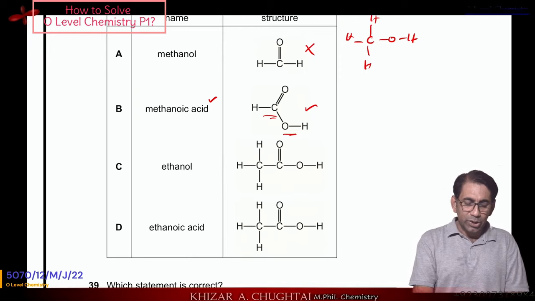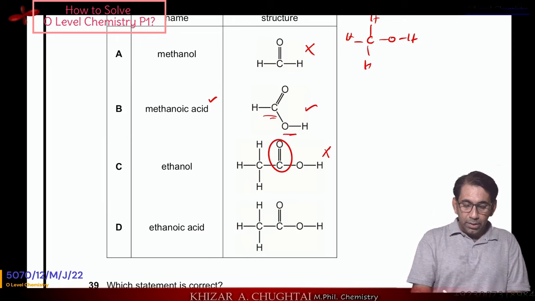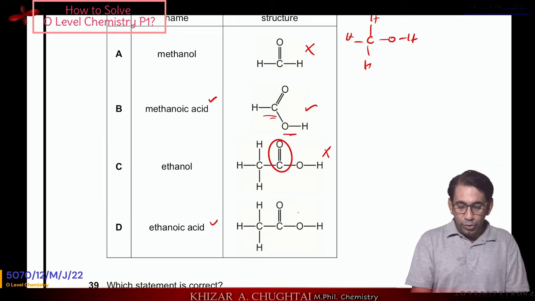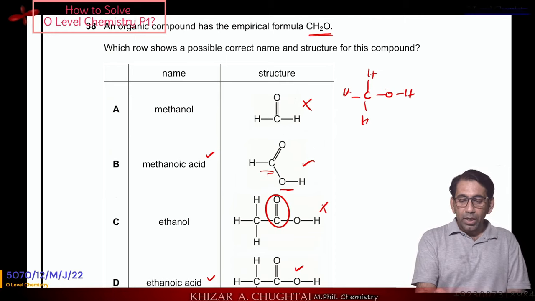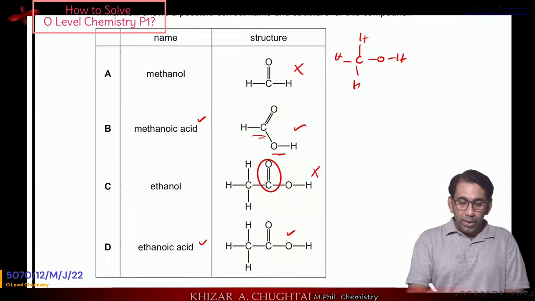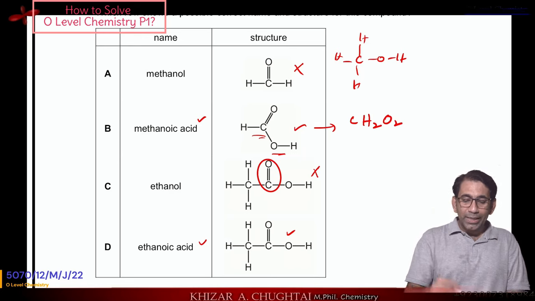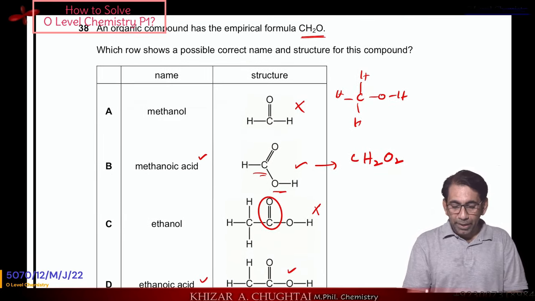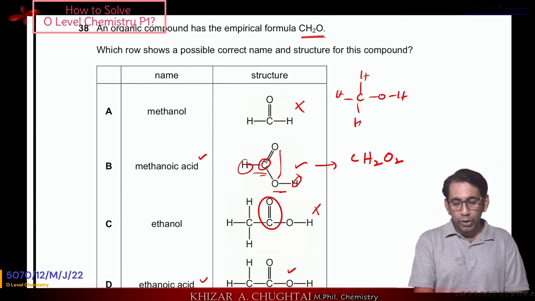However, let me check the next options. Ethanol, it's not an ethanol. Here is the presence of this carbonyl group. That is not part of any sort of alcohol. Ethanoic acid, again, it's good. So which one is having CH2O? The molecular formula of methanoic acid is CH2O2, one carbon, two hydrogen, two oxygen.